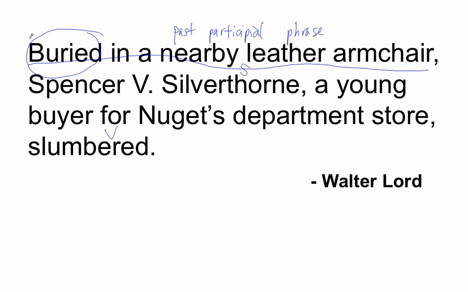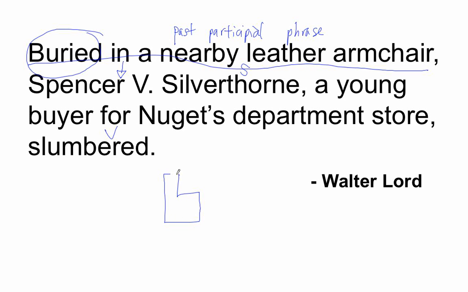And what is its purpose? Its purpose is to modify Mr. Silverthorne right here. It gives us an additional image of what he is doing right now, or of who he is. Sorry about that. You can picture him just buried in a leather armchair.